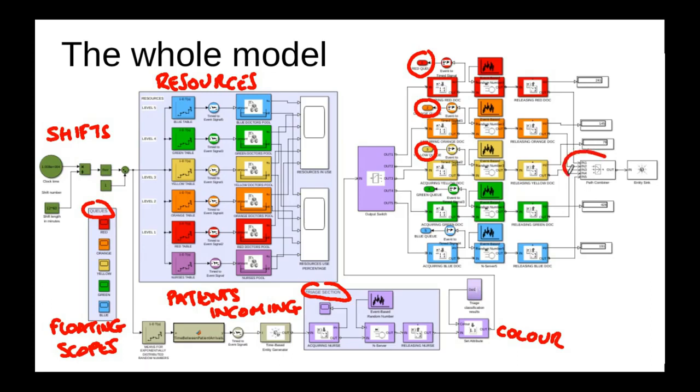At the end of the simulation model, I have a path combiner, and as you can see, all the entities go to a sink. Here I can monitor with several displays how many patients have been treated as red patients.